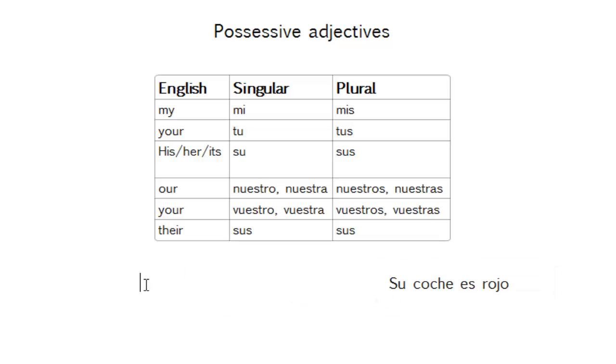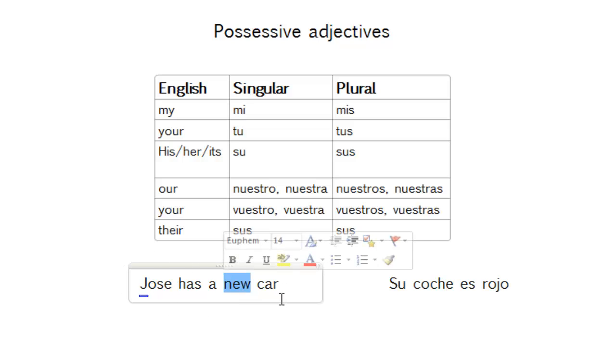For example, let's say Jose has a new car. Apart from the word new, which is nuevo, you should be able to do this. Jose tiene un coche nuevo.